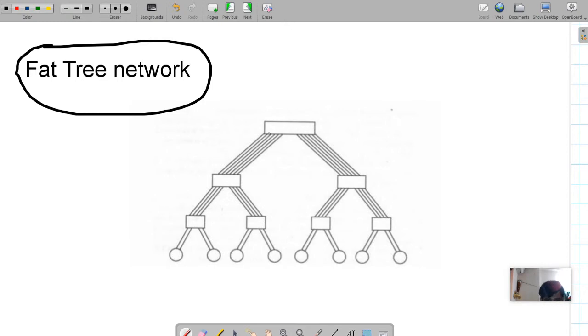If you look at the diagram of the fat tree, you can see that the number of communication channels near the root is higher than the number of communication channels near the terminal nodes. And this has been done to handle the heavy traffic towards the root node.